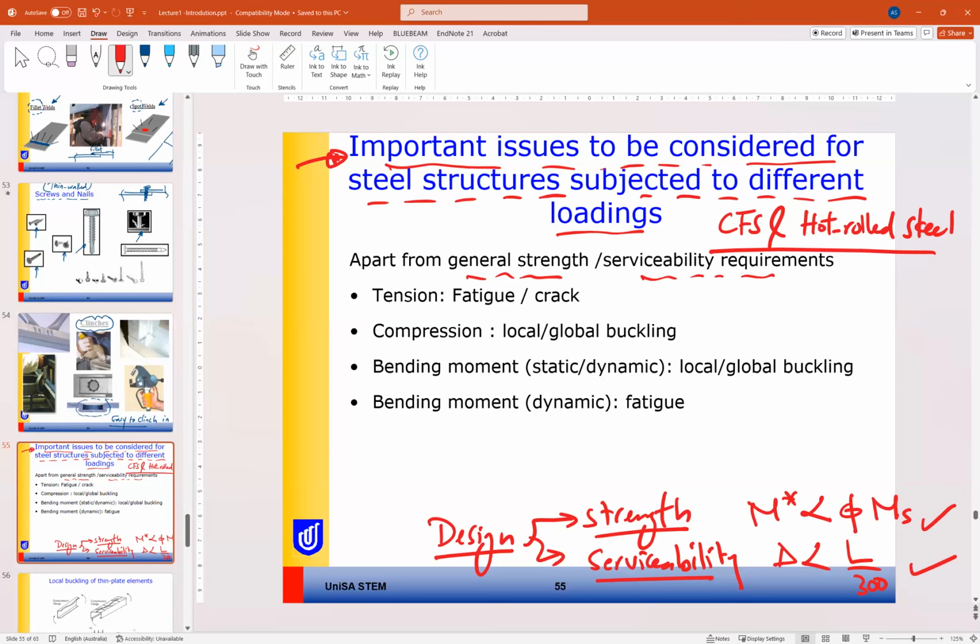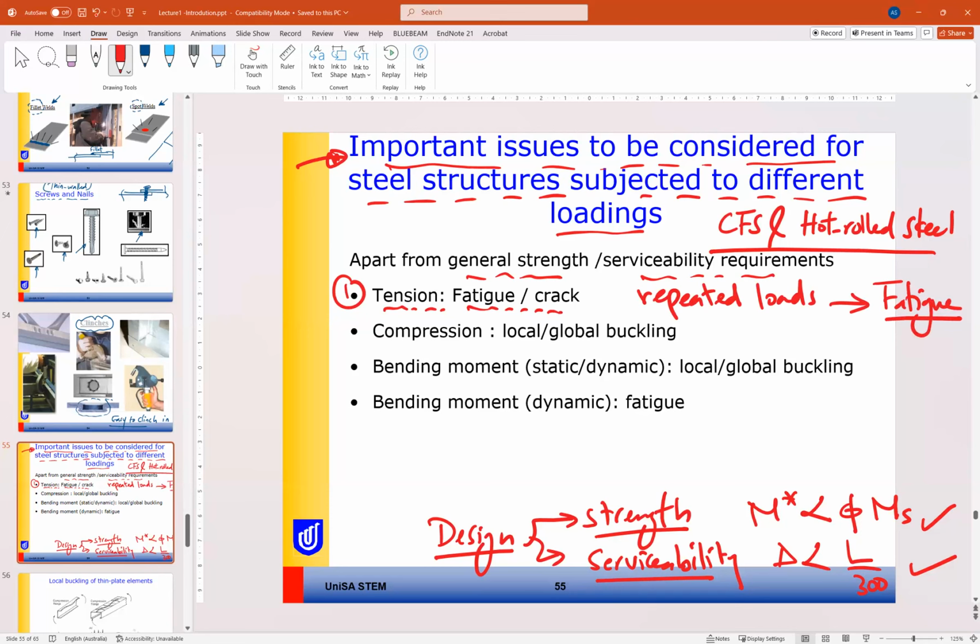Additionally, we need to consider tension or fatigue and cracking. For example, if you are applying load continuously or repeatedly, the repeated loads cause fatigue in steel.